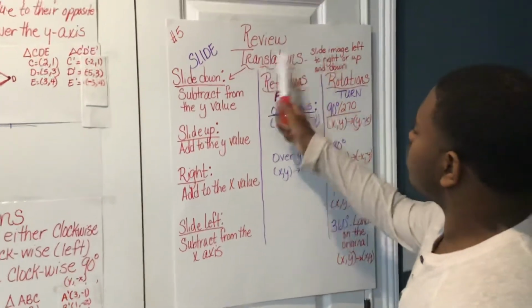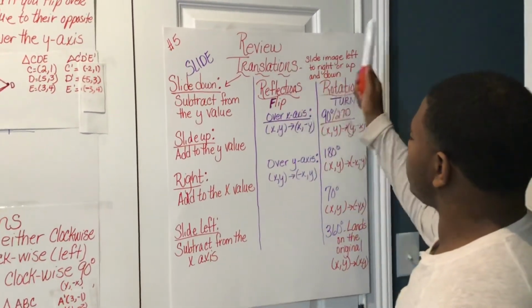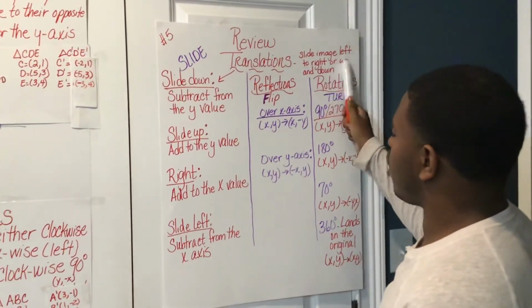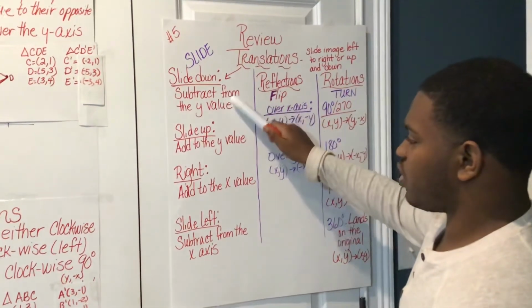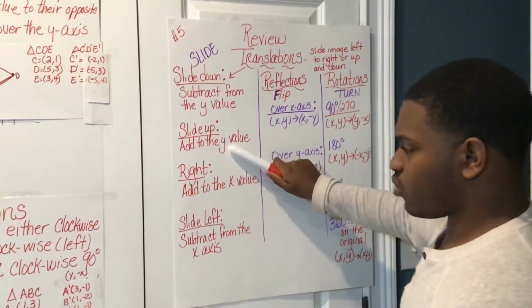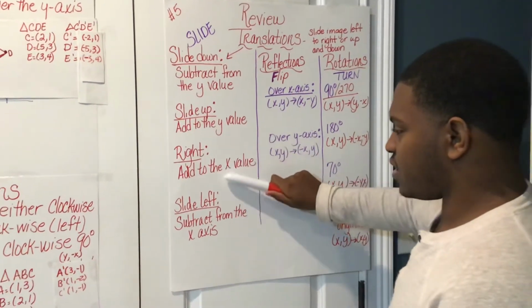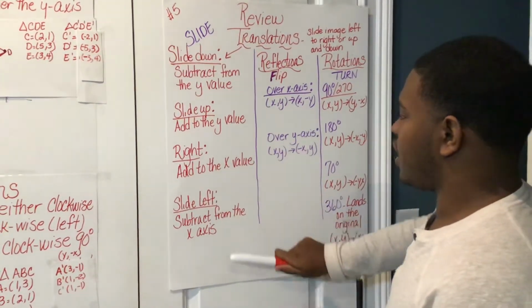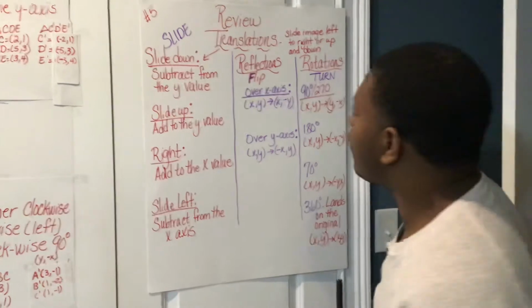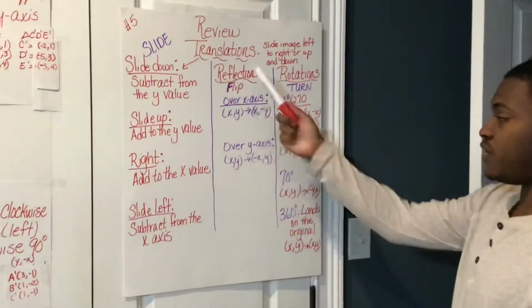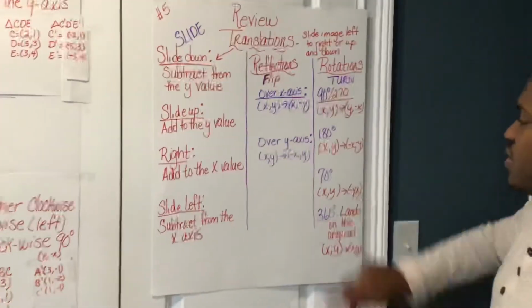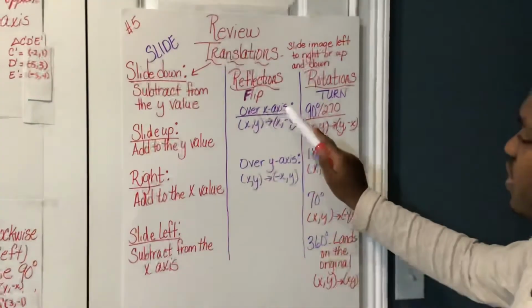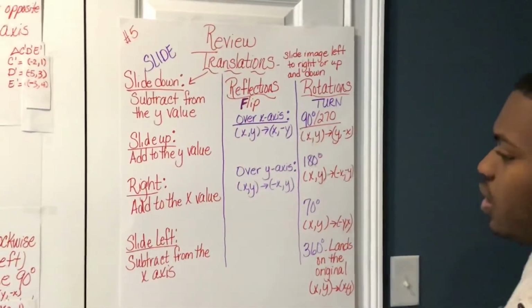So to review, with translations, your image moves left to right or up or down. Slide down, subtract from the y value. Slide up, add to the y value. Right, add to the x. Left, subtract from the x. Pretty straightforward. Reflection, you're going to flip. Over the x-axis, you will be converting xy to x comma negative y.